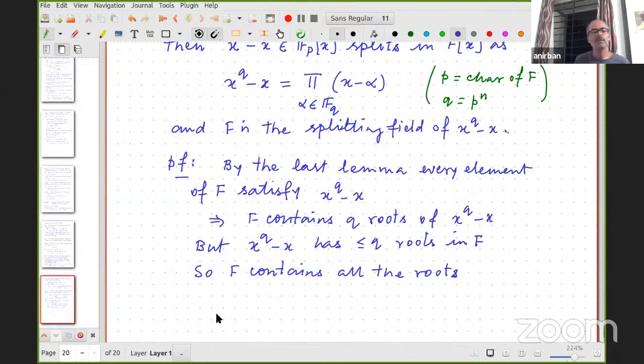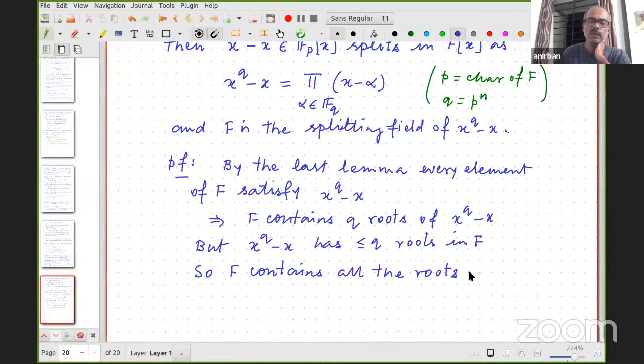Because every element of F satisfies this, every element is a root, and these are all the roots because it cannot have more than q roots. It's a degree q polynomial. If every element of F is a root, F is essentially the set of all its roots.